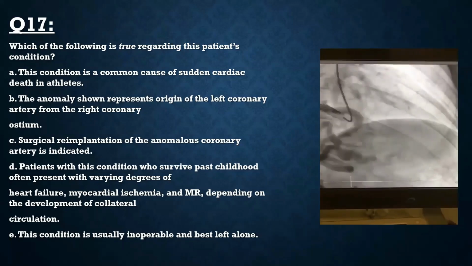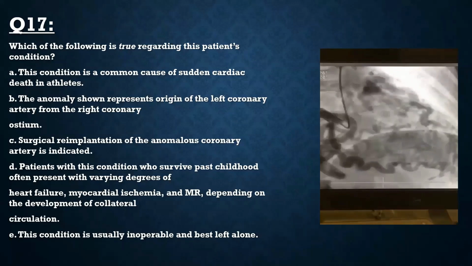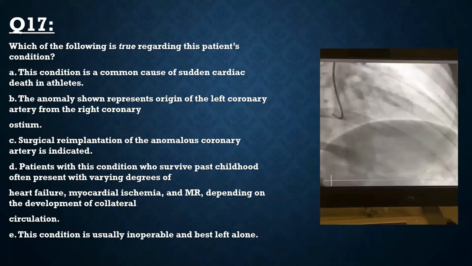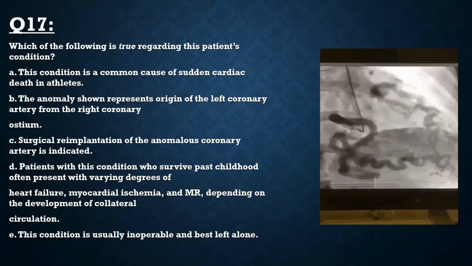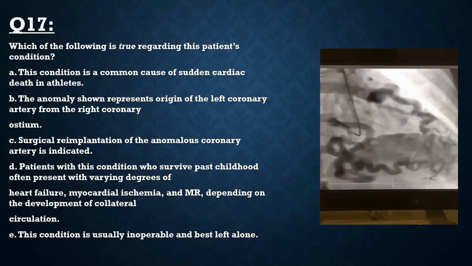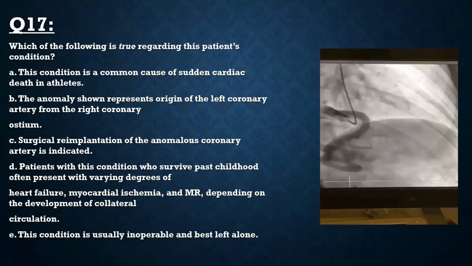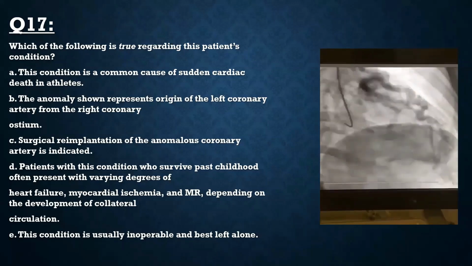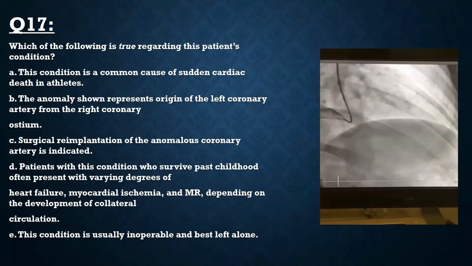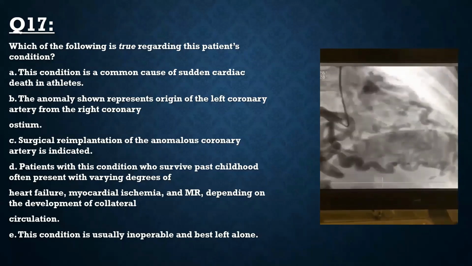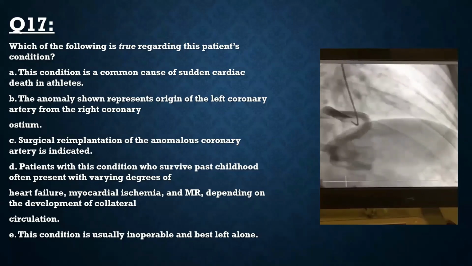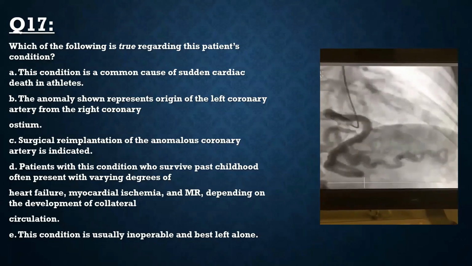D, patients with this condition who survive past childhood often present with varying degrees of heart failure, myocardial ischemia, and MR, depending on the development of collateral circulation. E, this condition is usually inoperable and best left alone. Okay.